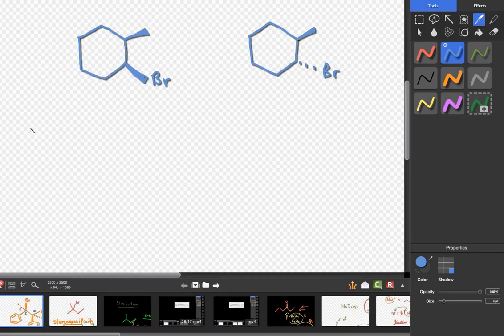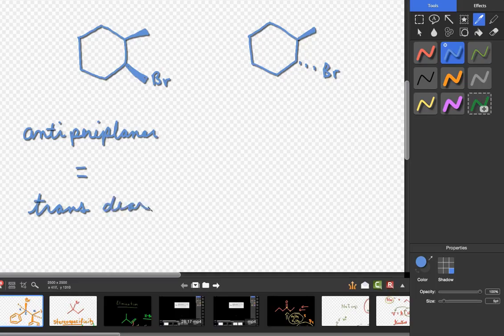So anti-periplanar equals trans diaxial. What I mean by that is in order for the H and the Br to be anti to one another in the context of cyclohexane in the chair conformation, the leaving group and the hydrogen to be extracted both must be trans to one another.